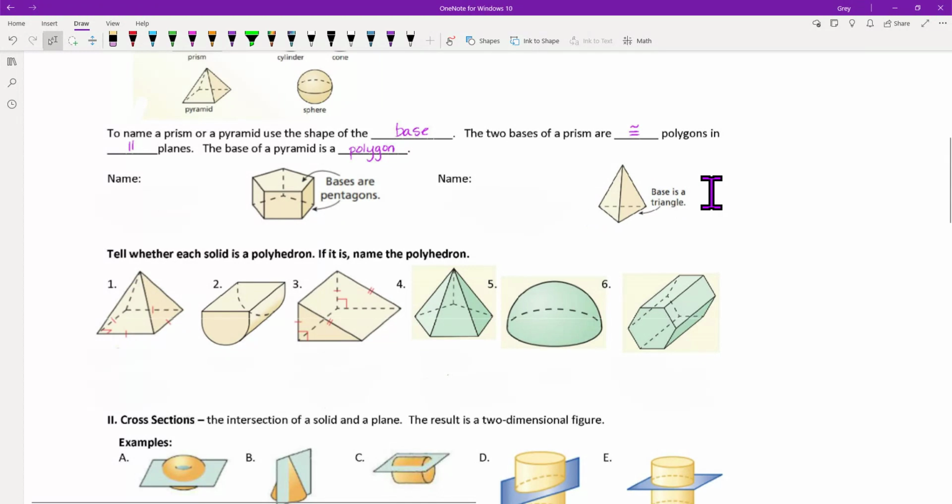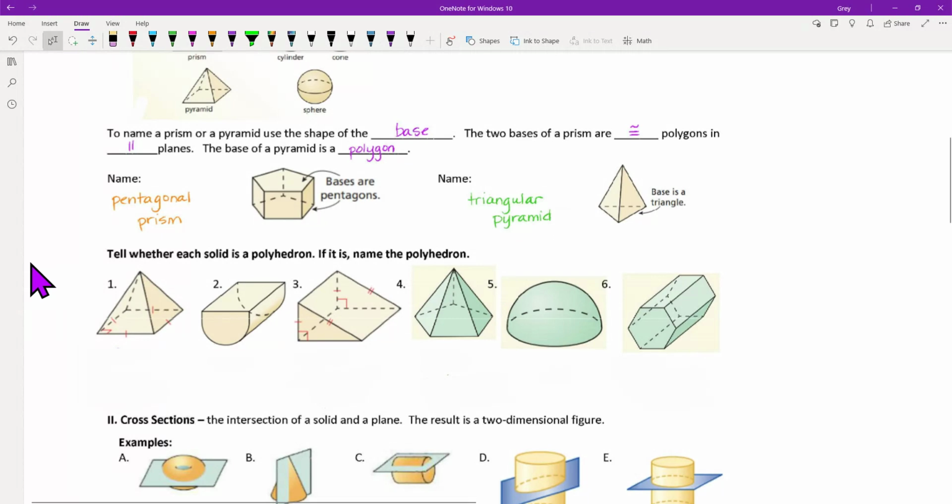So we always name it by the bases: the one with pentagon bases is going to be called a pentagonal prism. In a prism, the lateral faces are rectangles. On the other hand, if it comes to a point, then it is called a pyramid. In this case, the base is a triangle, so it is called a triangular pyramid.